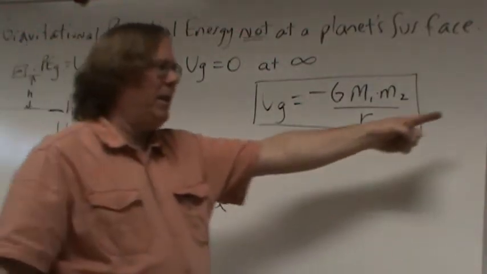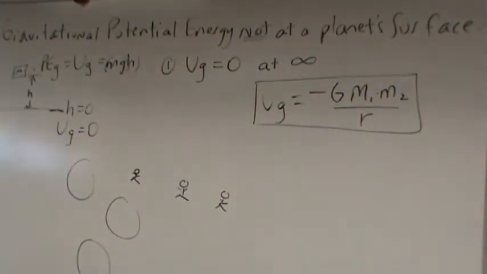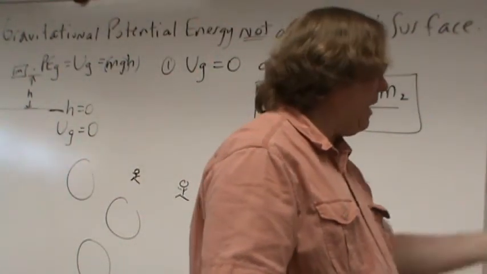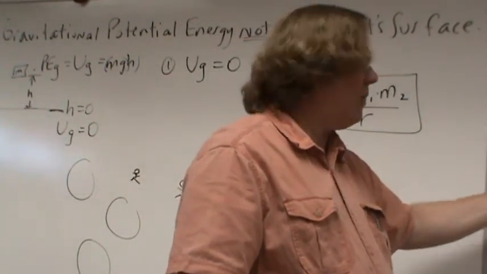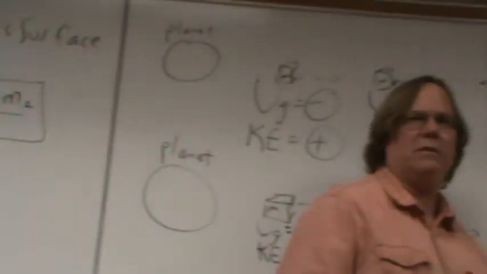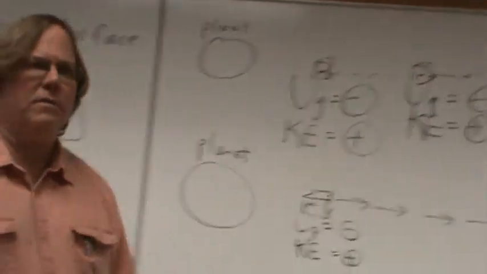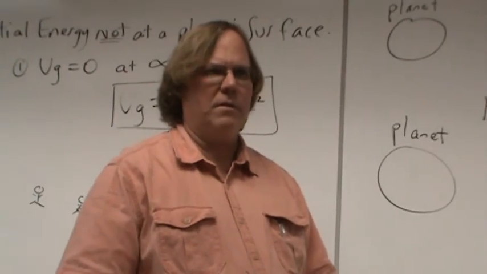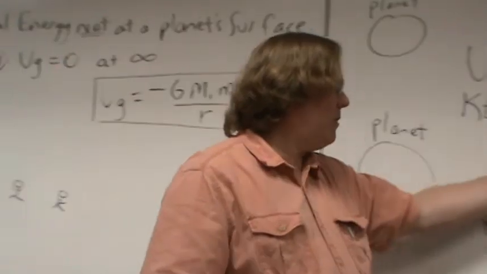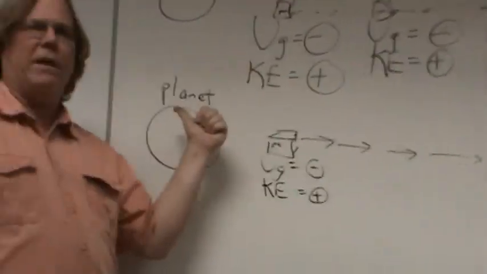But that's not happening now. Now that we've defined 0 gravitational potential energy land as infinity, what kind of work is the gravity of this planet doing as this mass goes to infinity? Positive or negative? Yeah, negative, because the mass is going that way, but this planet is pulling that way.